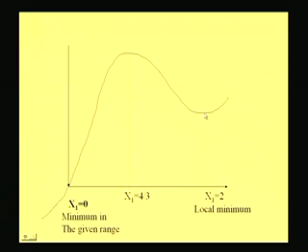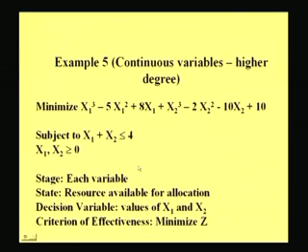This is possible for higher order functions, whereas if it were a quadratic, it would have been enough because the quadratic would have only one optimum. The moment we have cubic and higher order functions, one needs to look at what value the function takes at the end points or the extreme points.